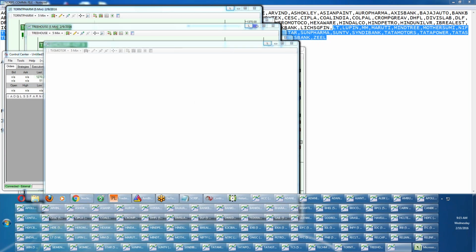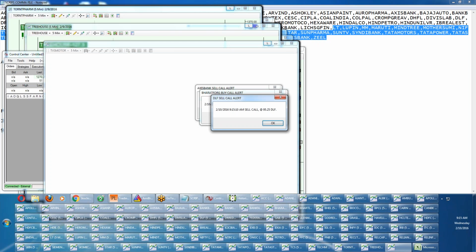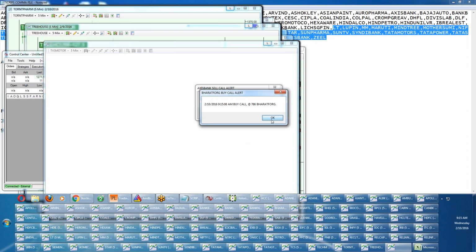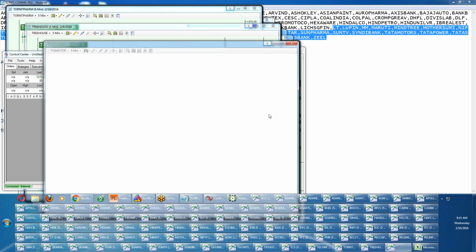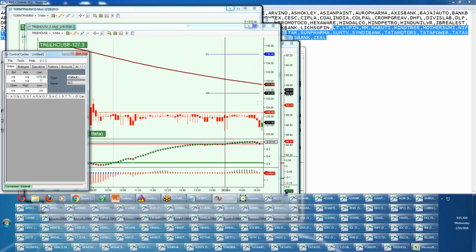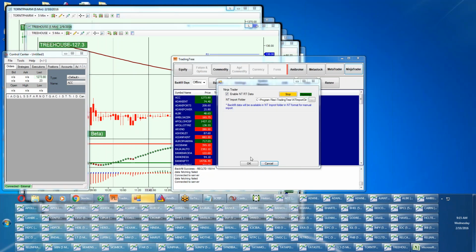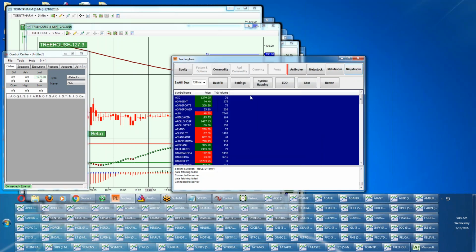So it's 9:15. So we have some calls. It is DLF, Bharat Forge, and Axis Bank. Bharat Forge, we have it on news. Okay, it's running. So we're getting the data.